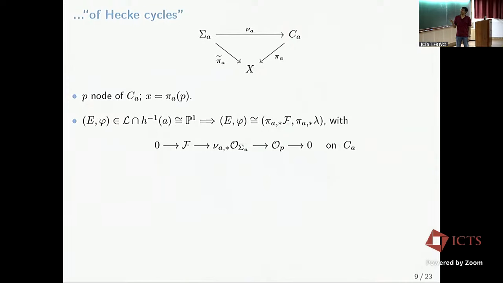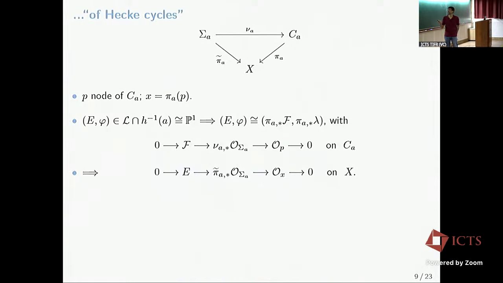Then this sheaf actually fits in this exact sequence. You push forward the trivial sheaf on the normalized curve, and you project onto the nodes. This is in C, and you take the kernel. Again, this is not clear; it is clearer with these other parabolic modules that I'll talk about. But in any way, F will fit in this sequence, and C, you project onto x. So here you push forward onto X.